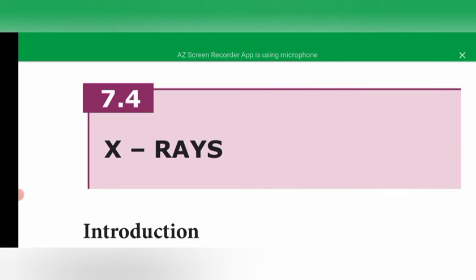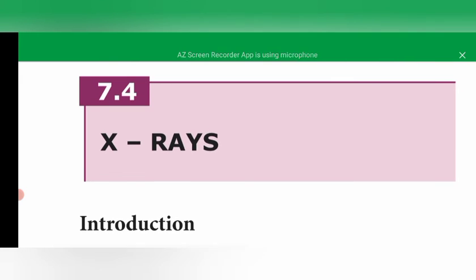So X-rays can be produced here. The first discovery of X-rays: Roentgen discovered X-rays when fast moving electrons hit a target material and highly penetrating radiation was emitted. That radiation is considered as X-rays.